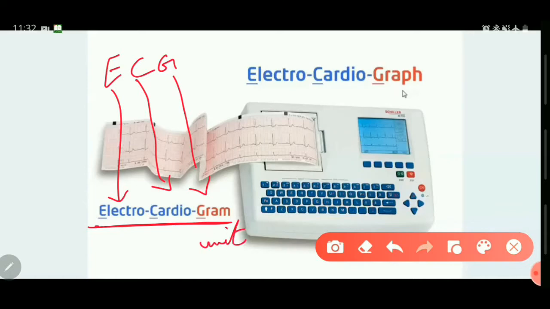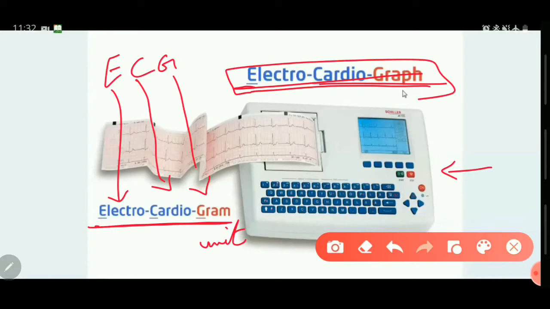The ECG is done in a device called the electrocardiograph, in a process called electrocardiography, and you get this paper called the ECG to see how the heart of the patient is working, how the electricity of the heart is moving inside the body of the patient.